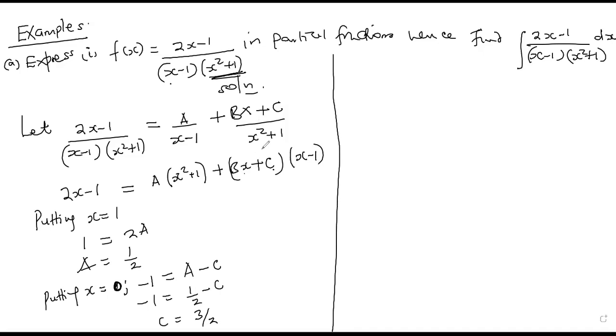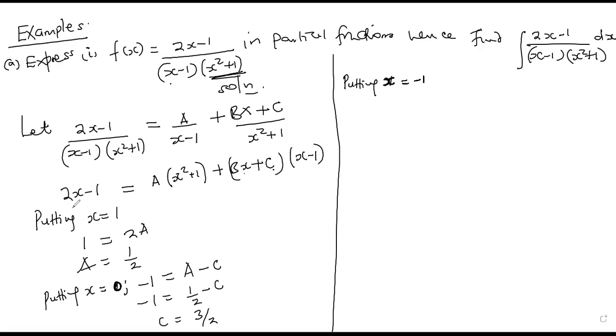Now, to get B, because we already have everything, if we put X as equal to -1, you put values that can eliminate the rest and you keep with a few of them.